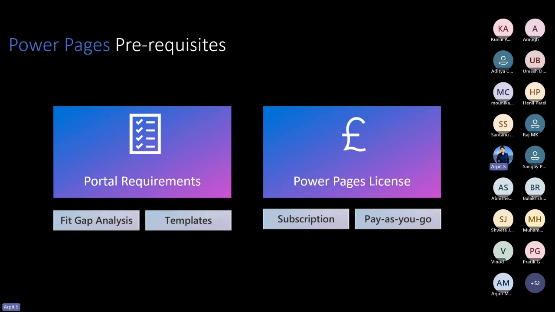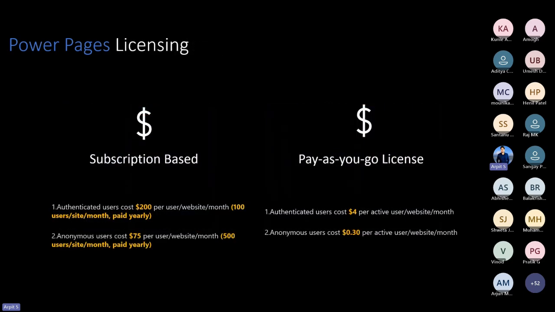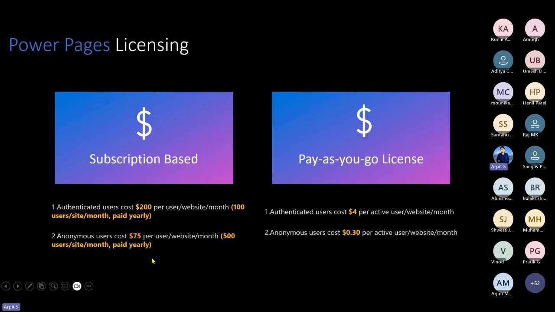Now, if I talk more about the licensing, in the subscription based model, Power Pages licenses are basically priced based on the type of user. If the users are registered, authenticated users, meaning they have signed up on the portal, then it costs $200 per user per website per month. But if you are purchasing the yearly plan, you may have to pay less.